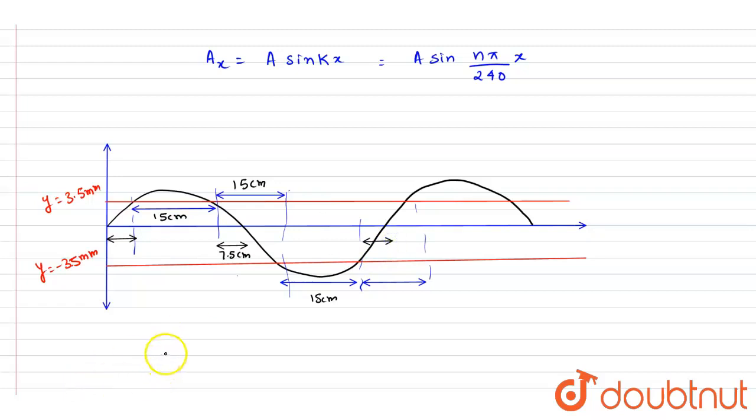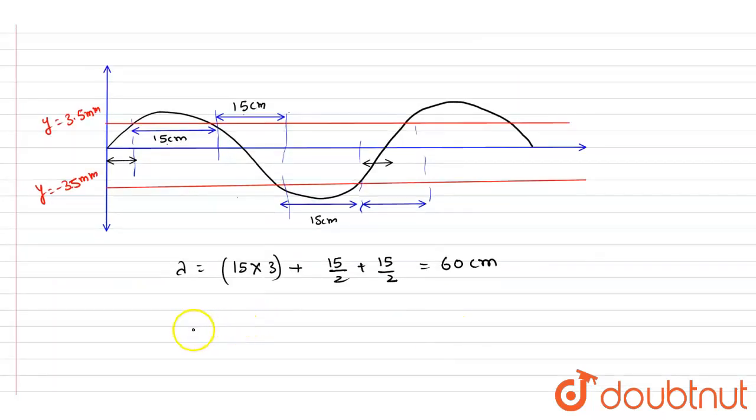So basically, the λ here is 15 into 3 plus 15 by 2 plus 15 by 2. 15 plus 15 plus 15, and this distance here is 15 by 2 and this is 15 by 2 again. So it is 45 plus 15, it is 60. So 60 centimeter is the λ here.